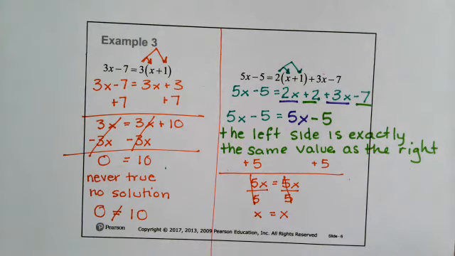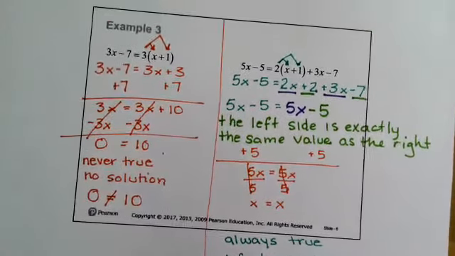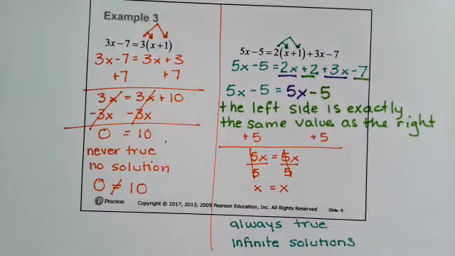It will always be true. Oops, sorry. So that one is always true. Infinite solutions. X can be any number. Always true, infinite solutions. X can be any number and it will always be a true statement.